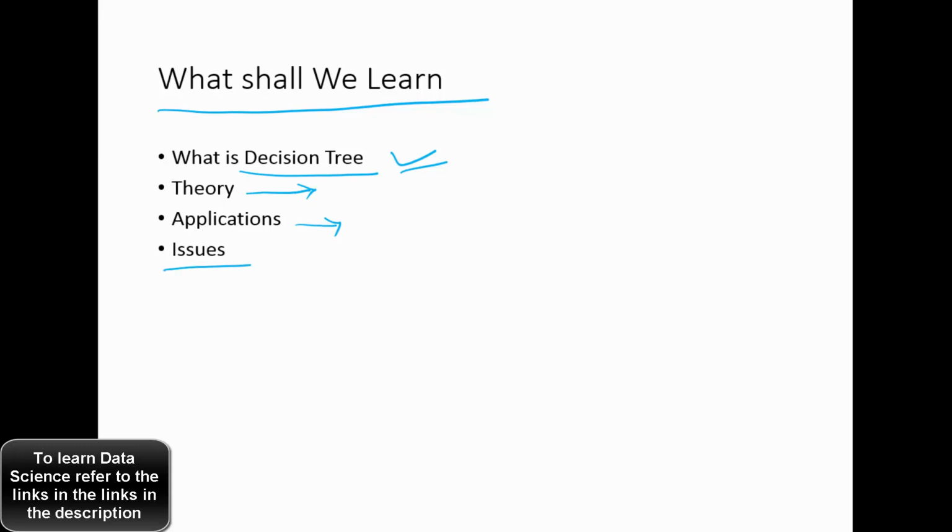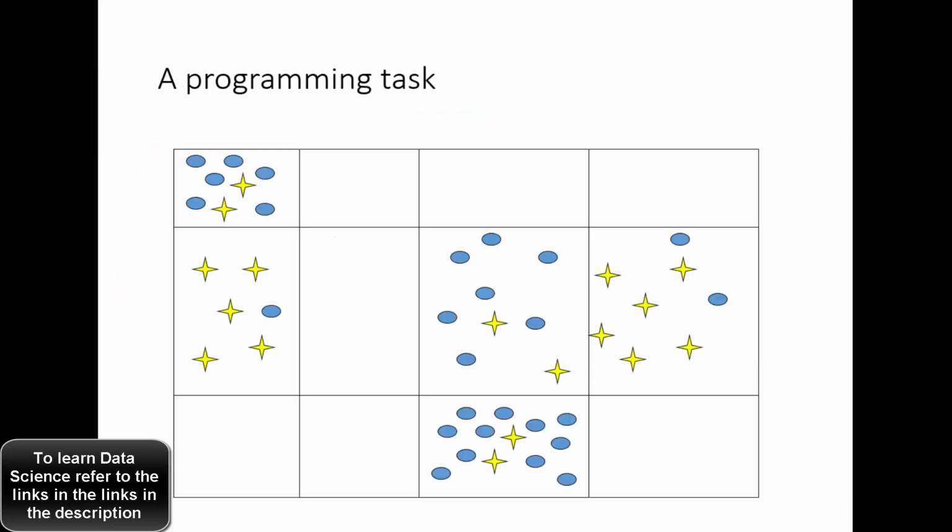And what are the issues that you might face while building a decision tree, and how you should be careful about these issues and take necessary precautions while building a decision tree. So we'll go one by one, and we'll ensure that we give sufficient time for each one of these four areas.